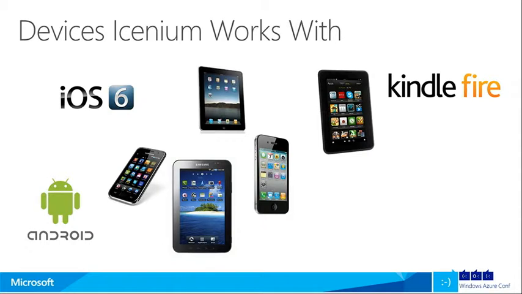And there are some hoops you have to jump through, but you can also load your applications on Kindle Fire devices. You can find out how to do all this, and some of the tricks to get working with Kindle Fire, on the Icenium website.